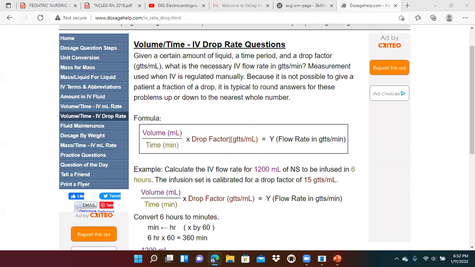So if you ask me what the difference is between this drop factor and this, this is the drop factor, which is supposed to be mentioned in the question. The drop factor unit is GTT per ml. But the flow rate in drop factor unit is GTT per minute.